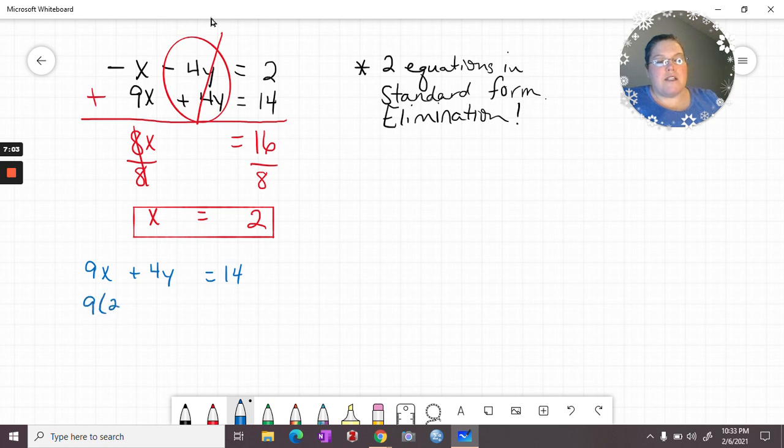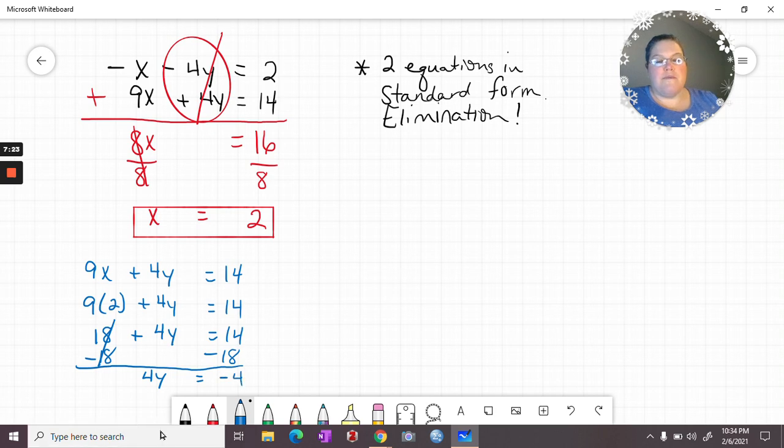So 9 times 2 plus 4y equals 14. 9 times 2 is 18 plus 4y equals 14. Then I'll subtract 18 from both sides, and we get 4y equals negative 4. Divide by 4, and we get y equals negative 1.